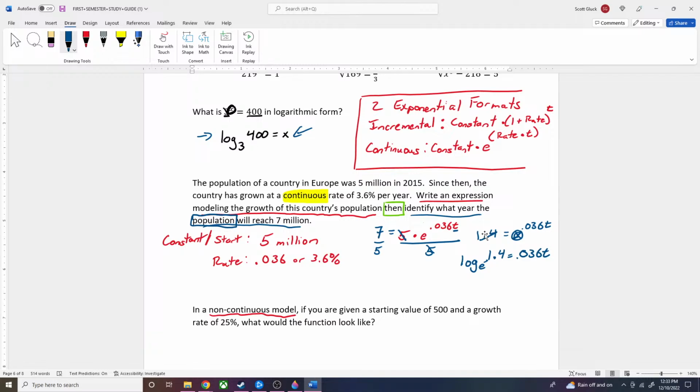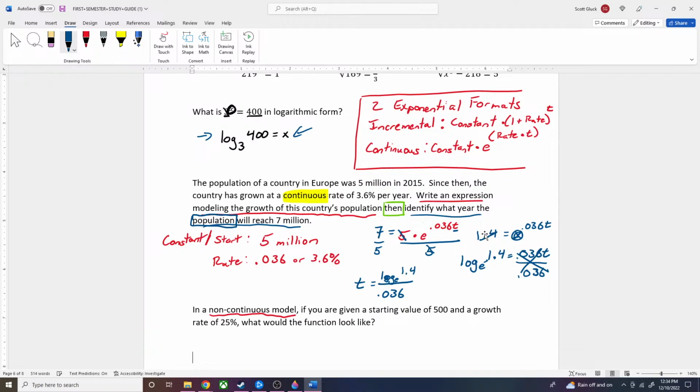Now that t is out of the exponent, we can manipulate it more. And what we're going to do is divide both sides of this by 0.036. What that does, it cancels this out and leaves t by itself on the one side of the equation. Then t is going to be equal to the log base e of 1.4 divided by 0.036.